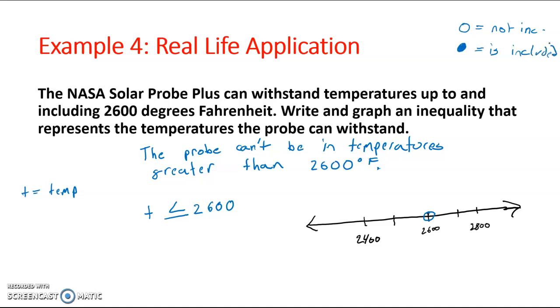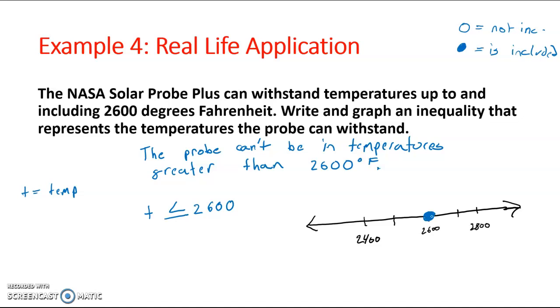Since 2,600 degrees is the max, but it can still reach that temperature, I'm going to fill in my circle, because it can be 2,600 degrees. It just can't be higher than that.